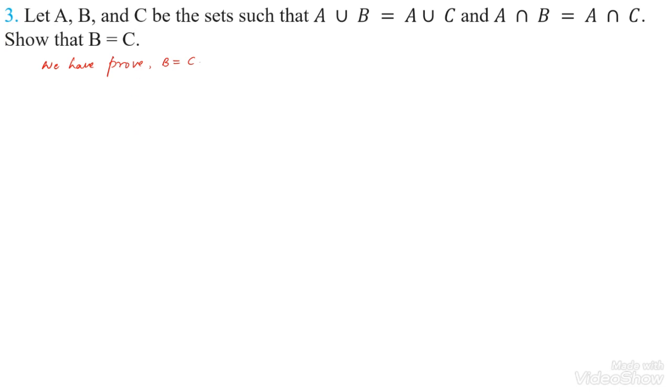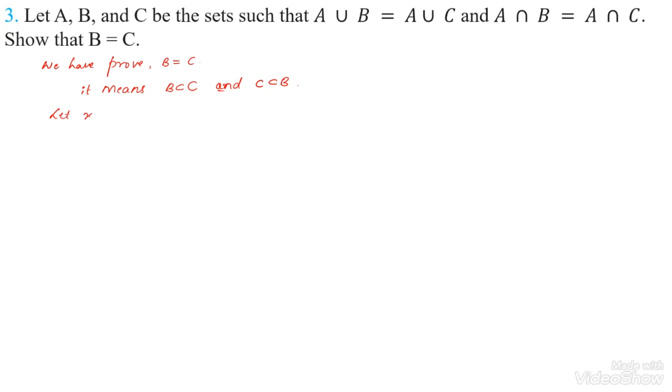Again, we are given A union B is equal to A union C, and also A intersection B is equal to A intersection C. It means B is a subset of C and C is a subset of B, so both B and C contain the same elements.